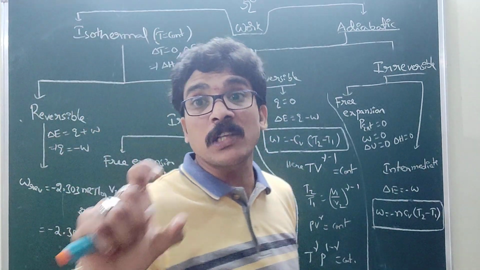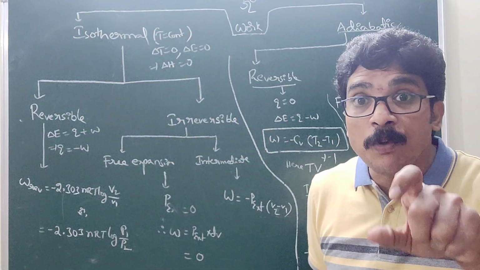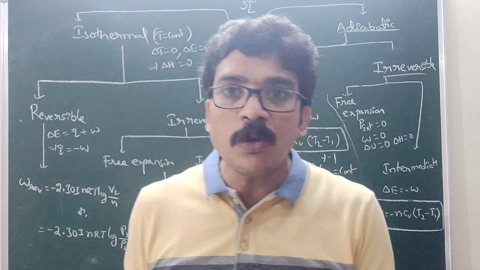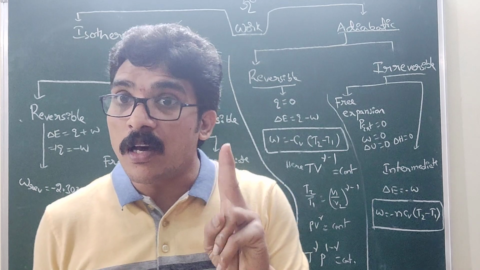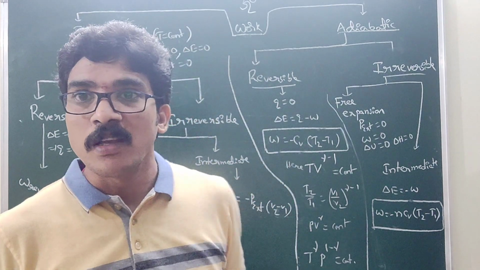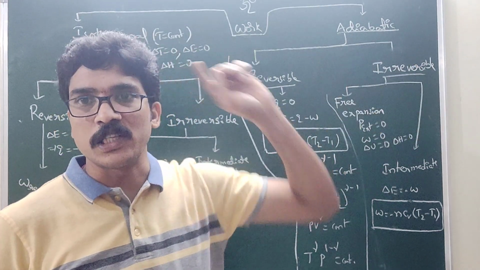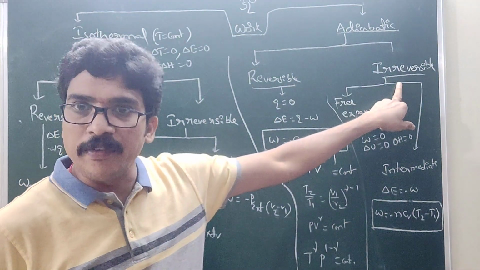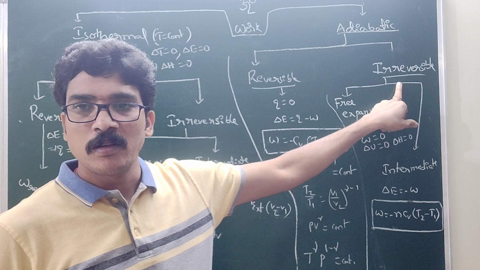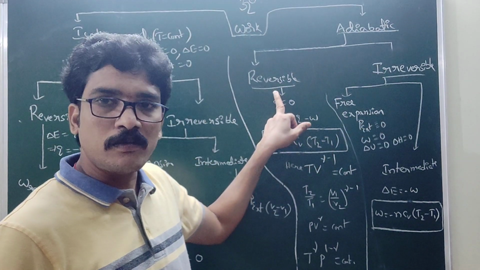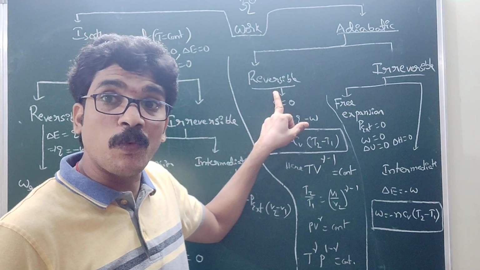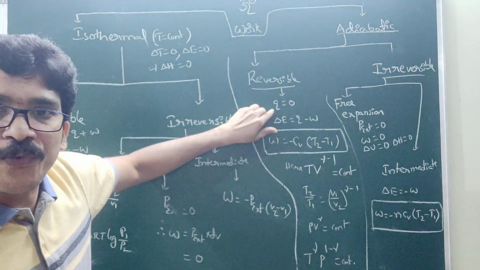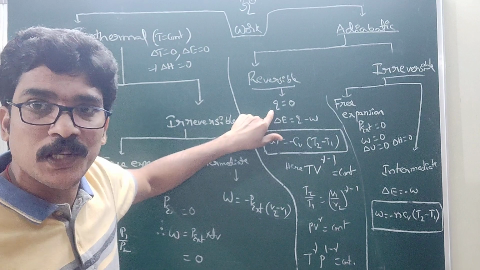In the adiabatic process also, there are again two processes: reversible and irreversible. Reversible adiabatic work, how can you calculate? First of all, we know for adiabatic q is equal to how much?